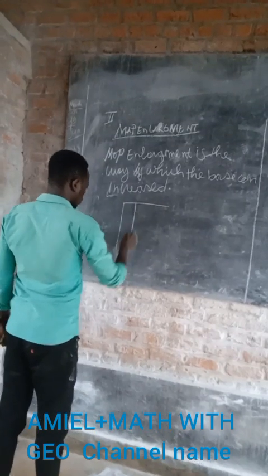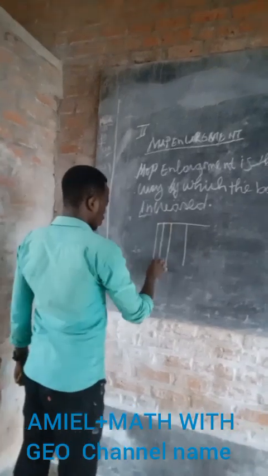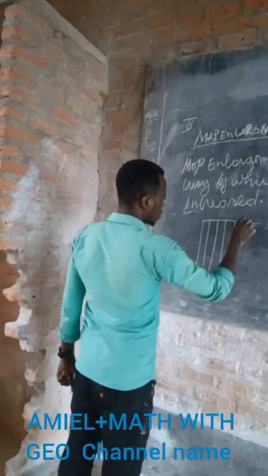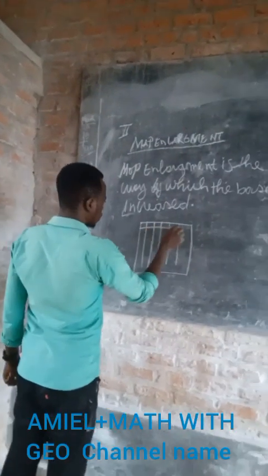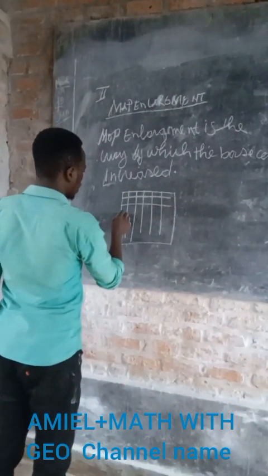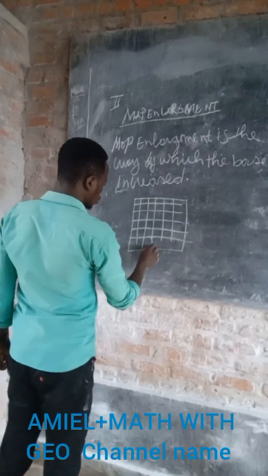Here we have the squares which are formed by longitude and latitude.